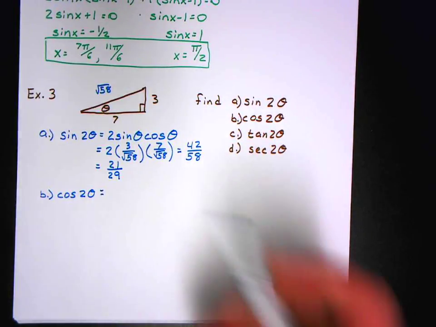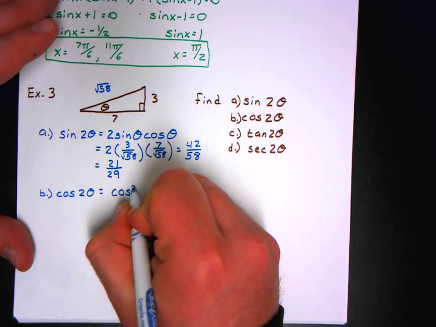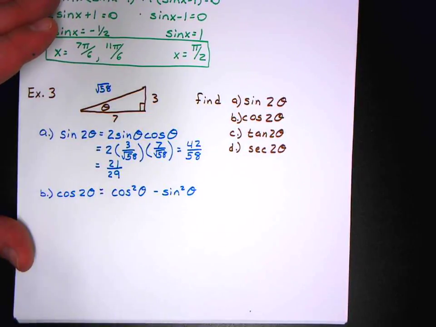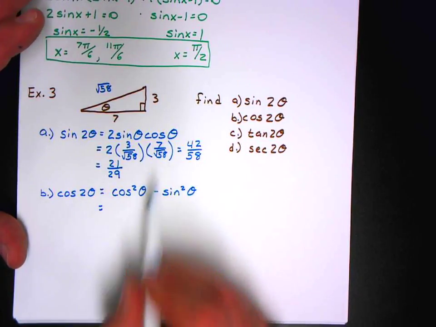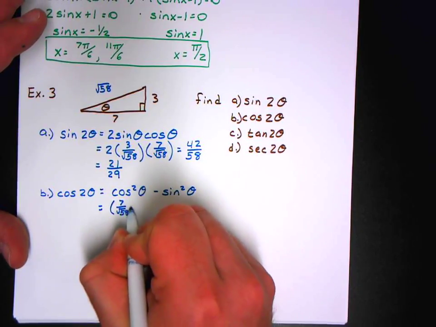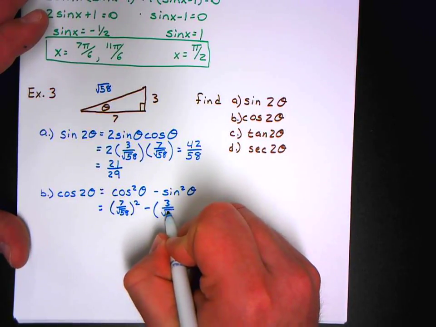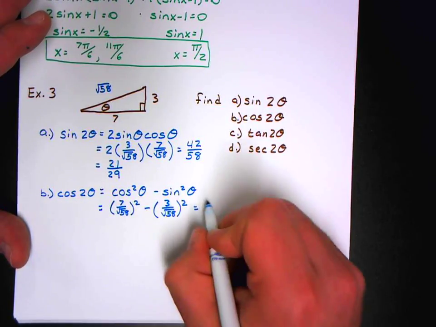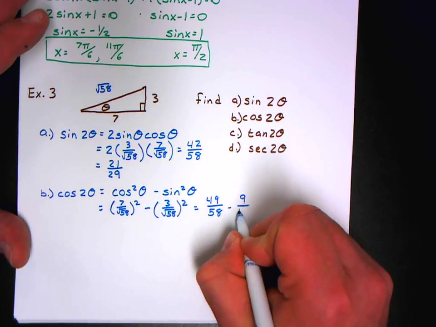Okay, so for cosine 2 theta, it doesn't matter. Since we haven't used it at all, I'll just use this formula. Okay, well, I already figured out what these were. Cosine theta is 7 over square root of 58 squared minus 3 over square root of 58 squared. So that's 49 over 58 minus 9 over 58.